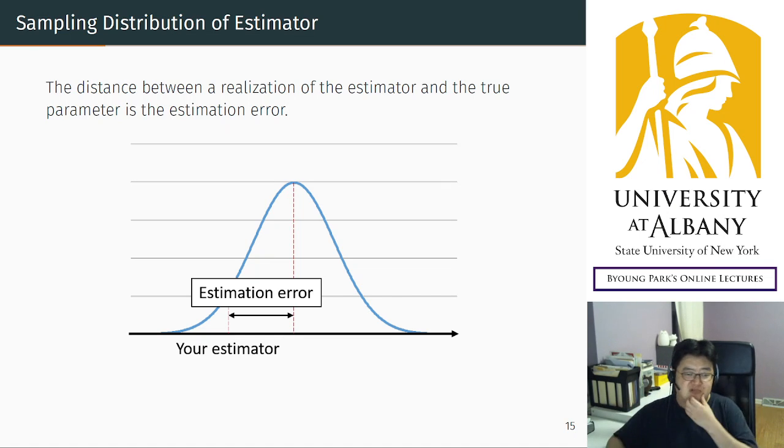But the error is also random because your estimator may realize at a different point. If it realizes at a different point, then the error will be different. The error can be 0, or negative, or positive. So the error is also random.